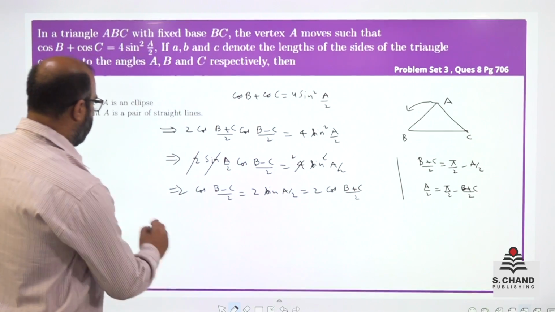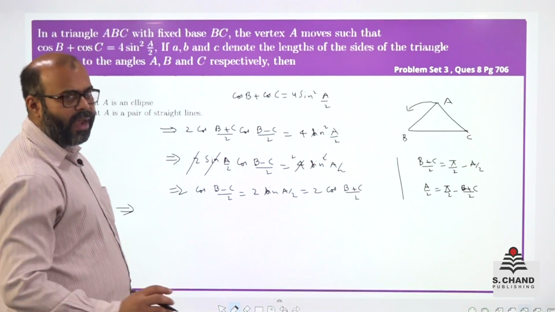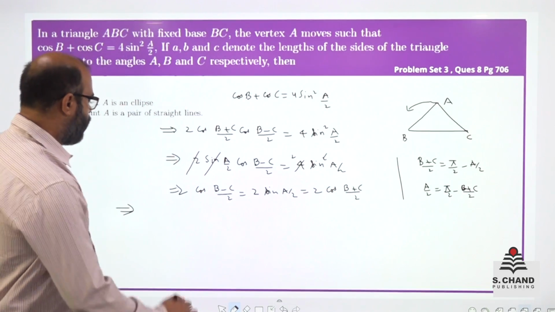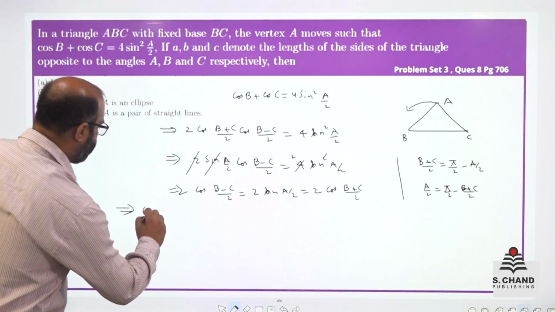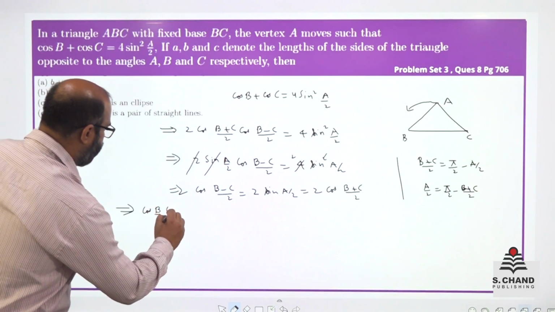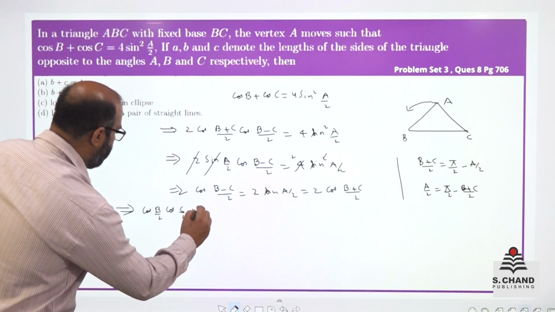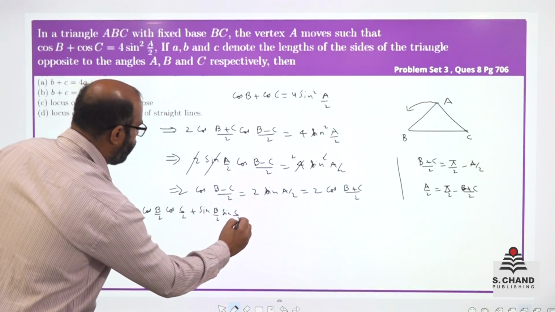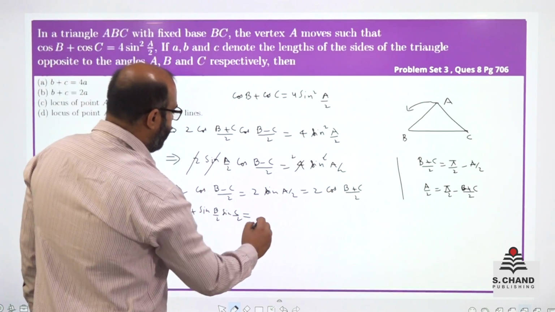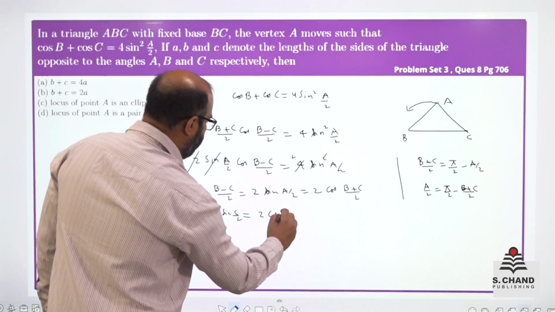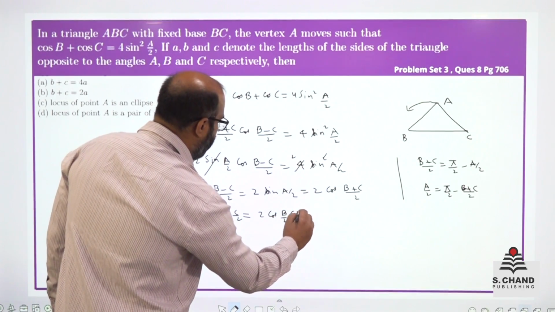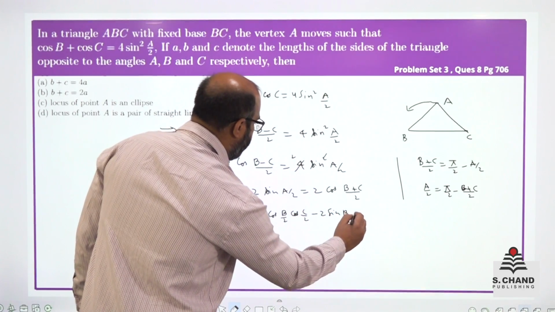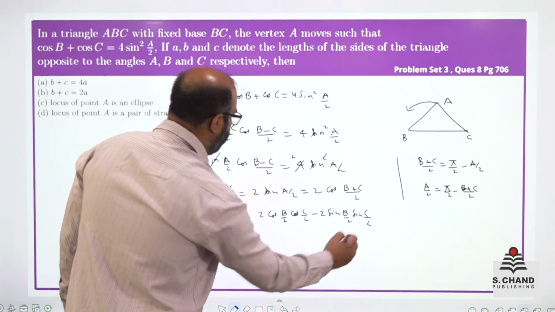Now let us apply the simple trigonometric identity of cos (A minus B) and cos (A plus B) here. There will be cos B by 2 into cos C by 2 plus sin B by 2 into sin C by 2 on the left side, and on the right hand side this will become 2 cos B by 2 into cos C by 2 minus 2 sin B by 2 into sin C by 2.